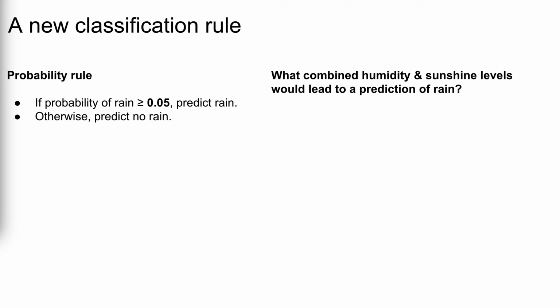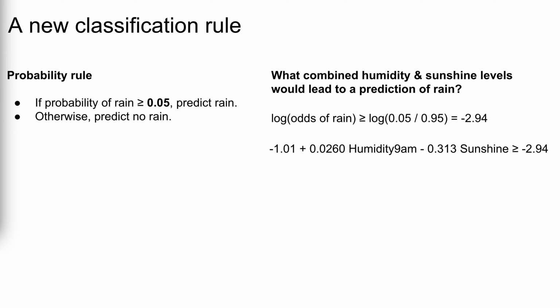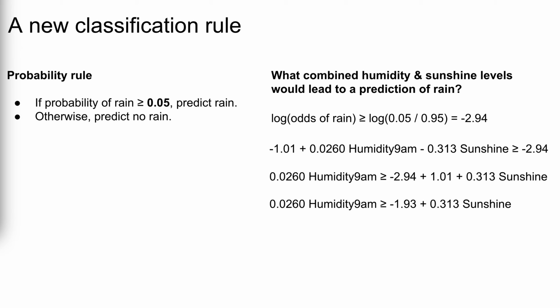Let's translate this rule. First, when the probability of rain is at least 0.05, the log odds of rain is at least negative 2.94. Thus, our logistic regression equation is at least negative 2.94. Solving for humidity, we can move the constant and sunshine terms to the other side of the equation.